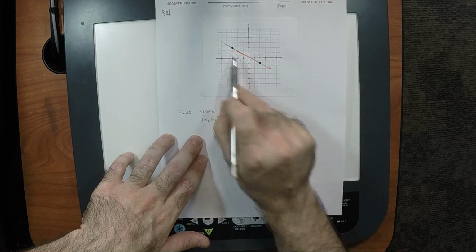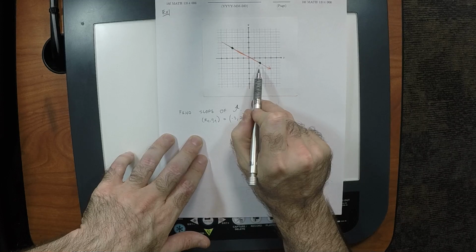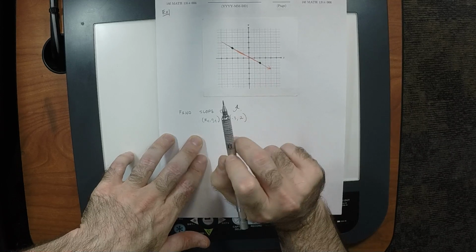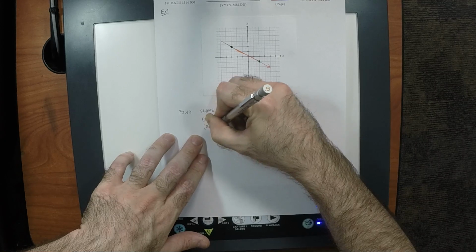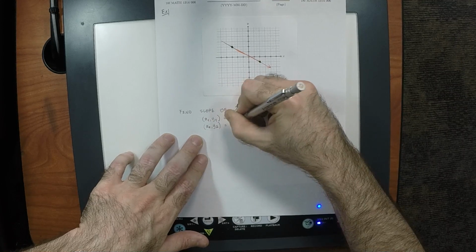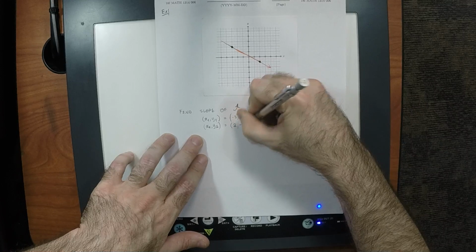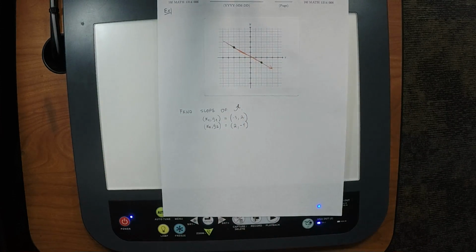So that's the coordinates of that point. What's the coordinates of that point? 2, -1. Now that I've read the coordinates of 2 points, I'm going to ignore the picture. I'm done with that.